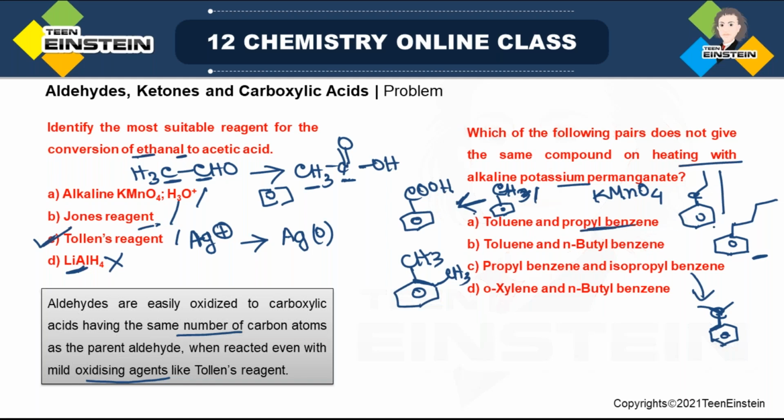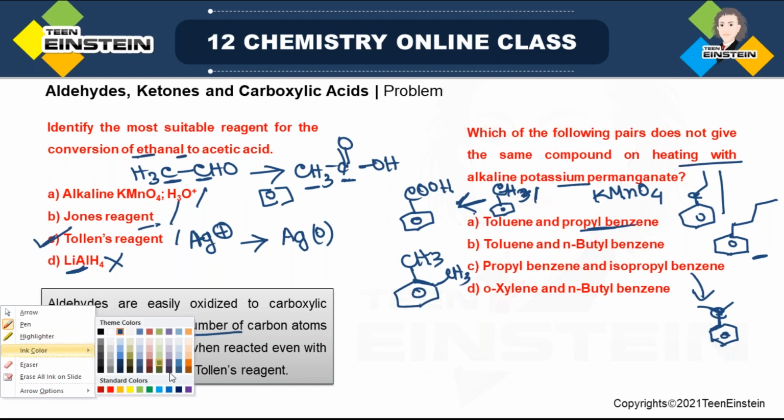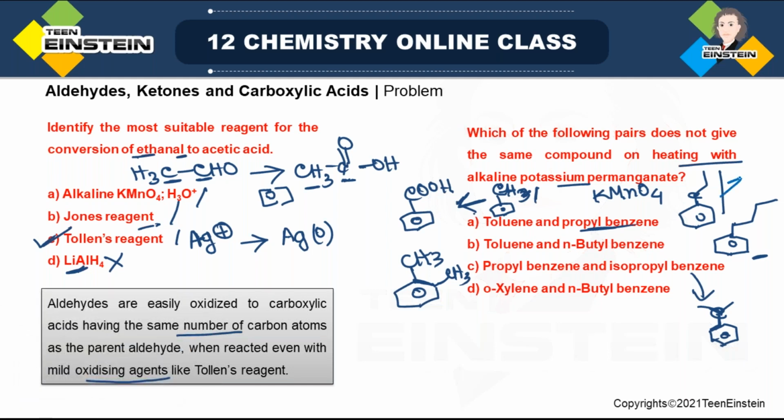Though it is 3 carbon, you will still get the same molecule, which is benzoic acid. So from propyl benzene also you will get benzoic acid, because the cleavage will be in this C-C bond. The rest of the 2 carbon will be decomposed. The carbon directly attached to the benzene ring is the only one remaining, in the form of CO2H. Similarly, from both toluene and propyl benzene you get the same molecule, which is benzoic acid.